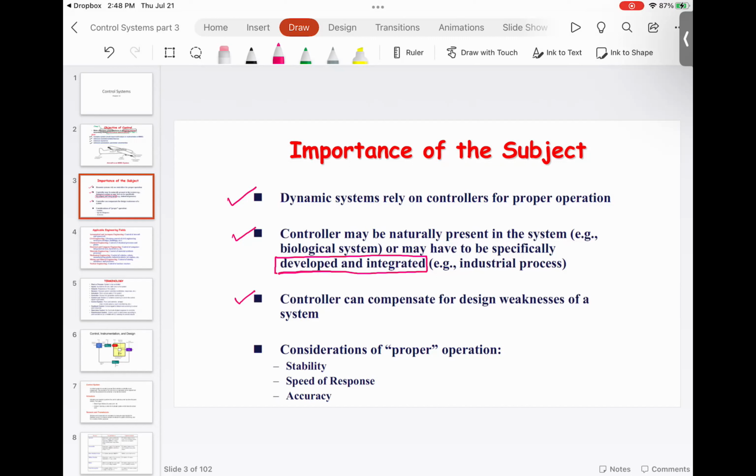So that is super important because you want your system to be stable, you want your system to be accurate, and you want your system to be responsive. But at the same time, you want your system, which is not stated here, to be secure.